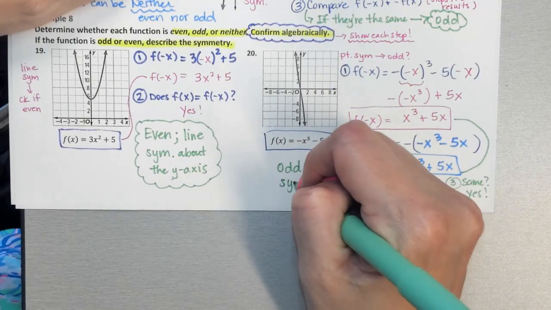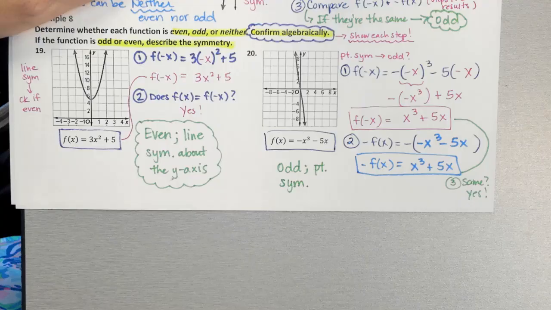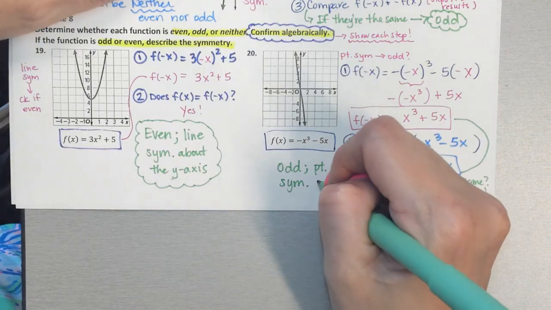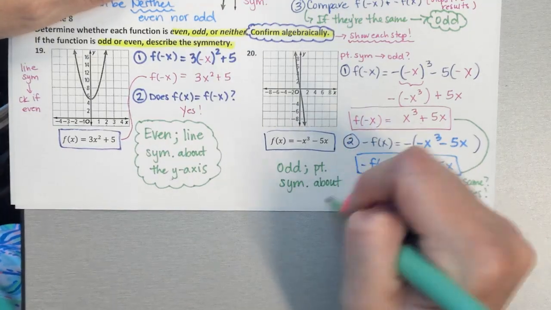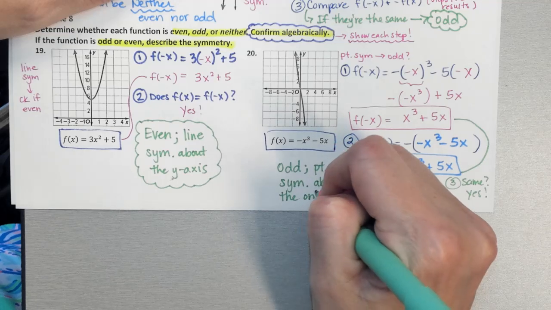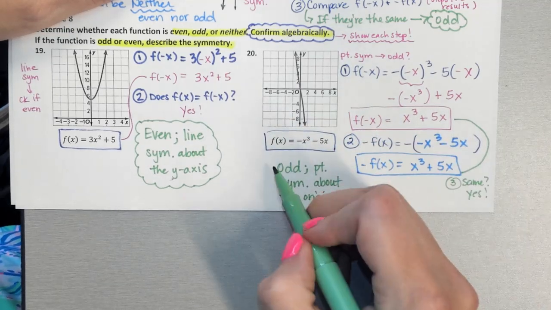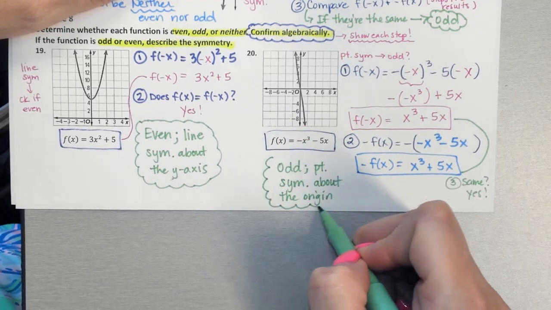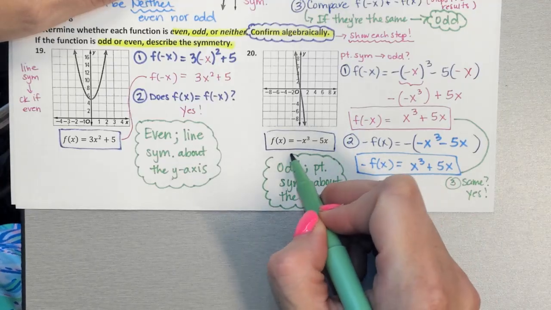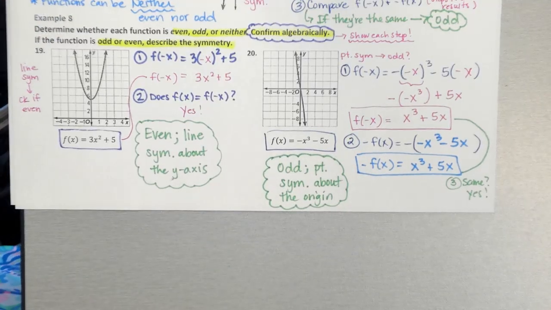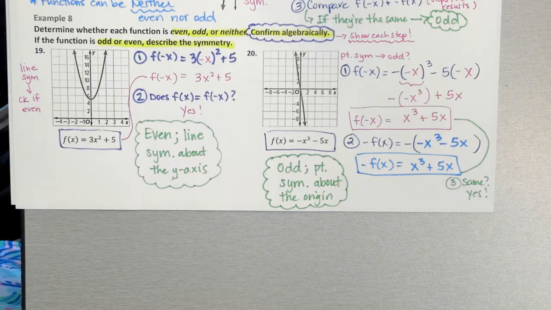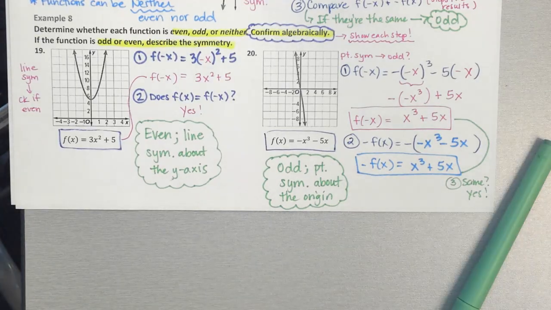And if you want to abbreviate like I am, that is fine. Point symmetry, and this time it's about the origin. Okay, anytime it's odd, it'll be point symmetry about the origin, and anytime you have even, it will be line symmetry about the y-axis.